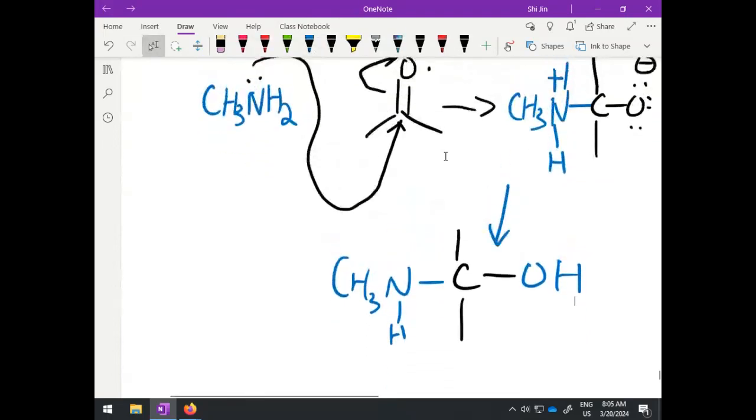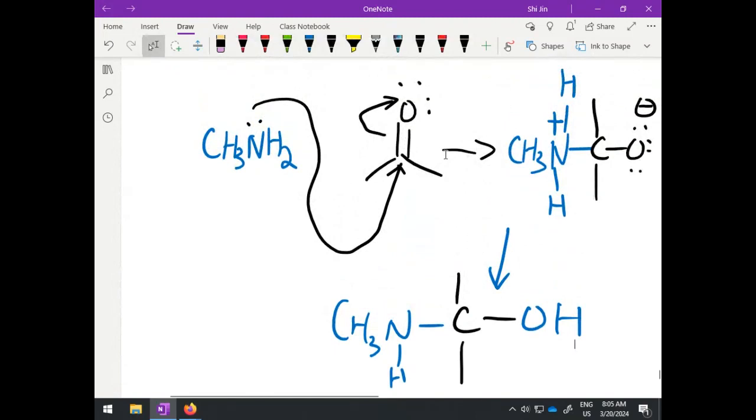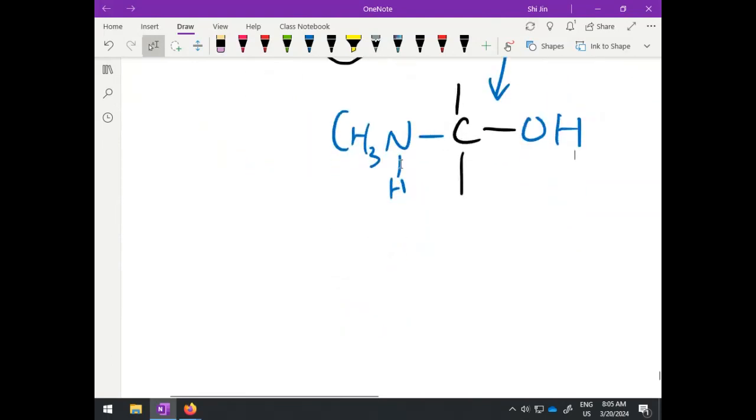In this stage, the reaction is limited by how well the amine can use its nitrogen to nucleophilically attack the carbonyl carbon.